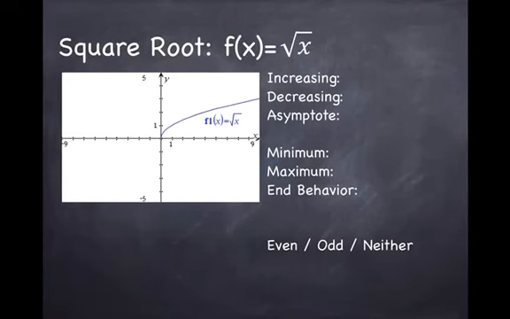All right, now before you fill out the answers for your square root function, look at your table and look at your answers for your other parent functions and see how you do. I've crossed off everything that doesn't apply. I want you to do the rest.